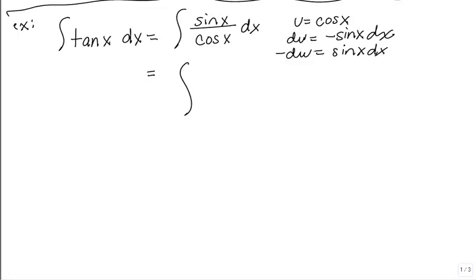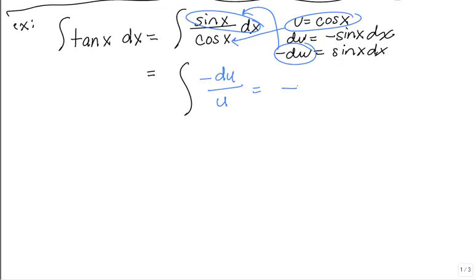So this right here replaces this right here. And u is cosine, so that's just negative 1 over u du. Well, that's negative ln absolute value of u plus c.